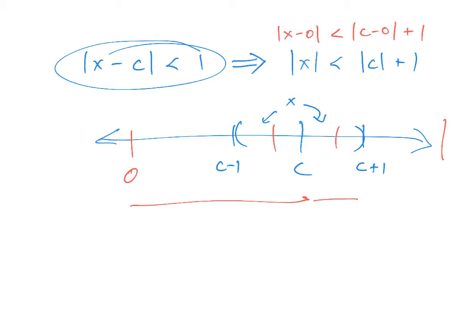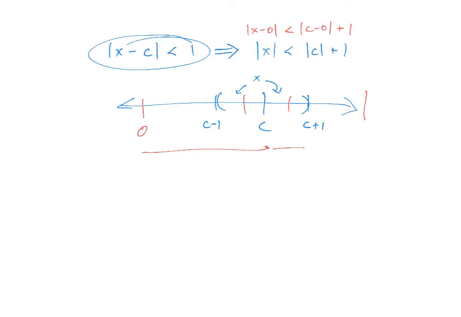And that's what the triangle inequality is. It says if you want to go from, in this case, 0 to x, then that cannot be farther than if you go from 0 to c and then c to x.